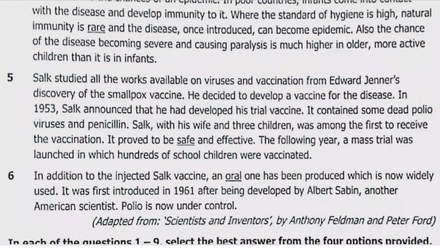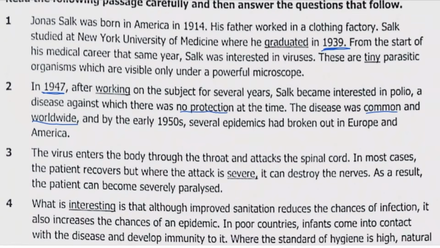Salk studied all the works available on viruses and vaccination from Edward Jenner's discovery of the smallpox vaccine. He decided to develop a vaccine for the disease. In 1953, Salk announced that he had developed his trial vaccine. So in 1953, he announced that he had developed the vaccine.